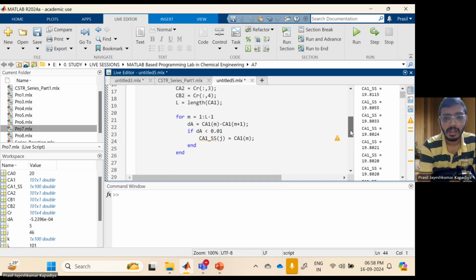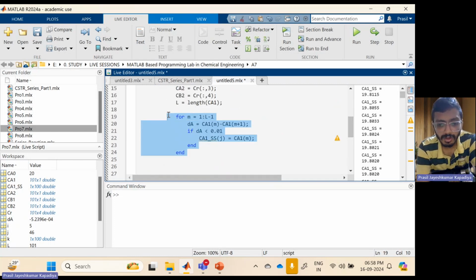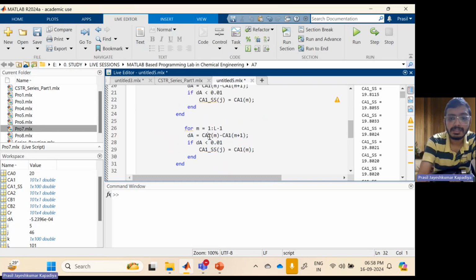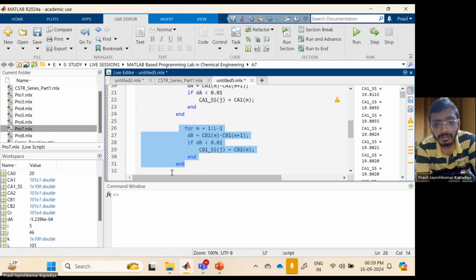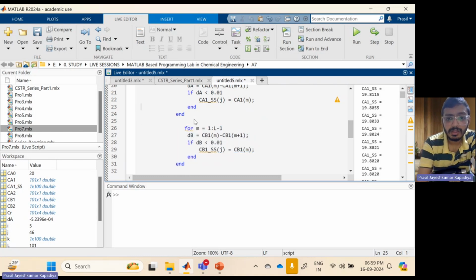Yeah. So similarly, we can do this for the second variable, that is CB1. Let's do one thing. It's slowing down. It's really slowing down.